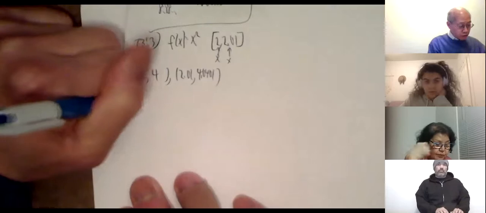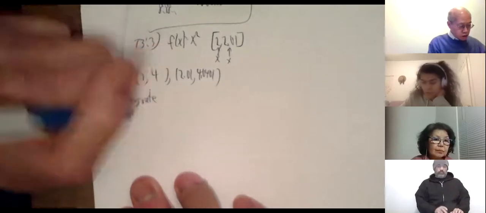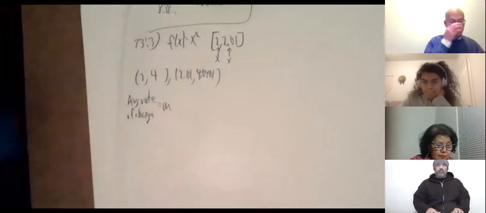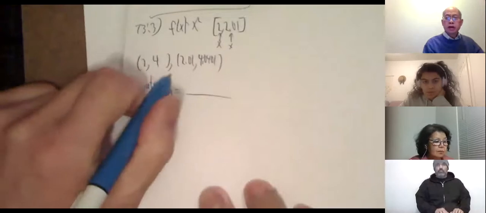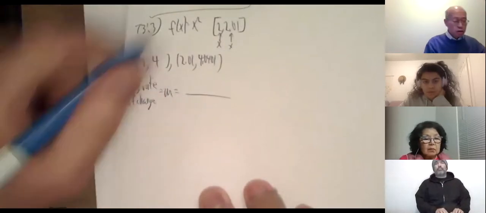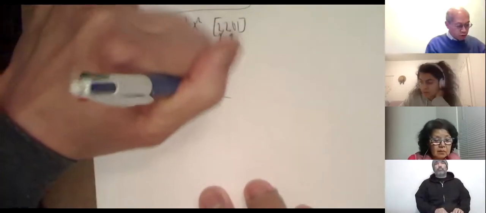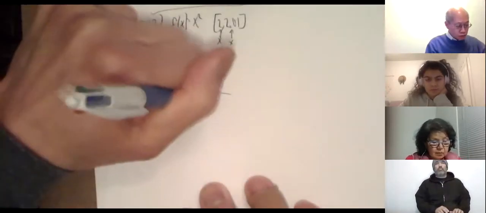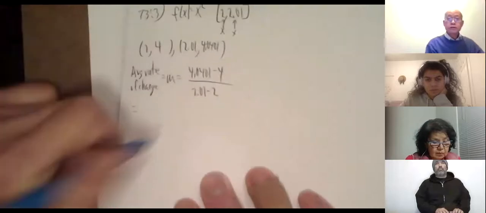Okay, so average rate of change is y2 minus y1 divided by x2 minus x1. So 4.0401 minus 4 divided by 2.01 minus 2.